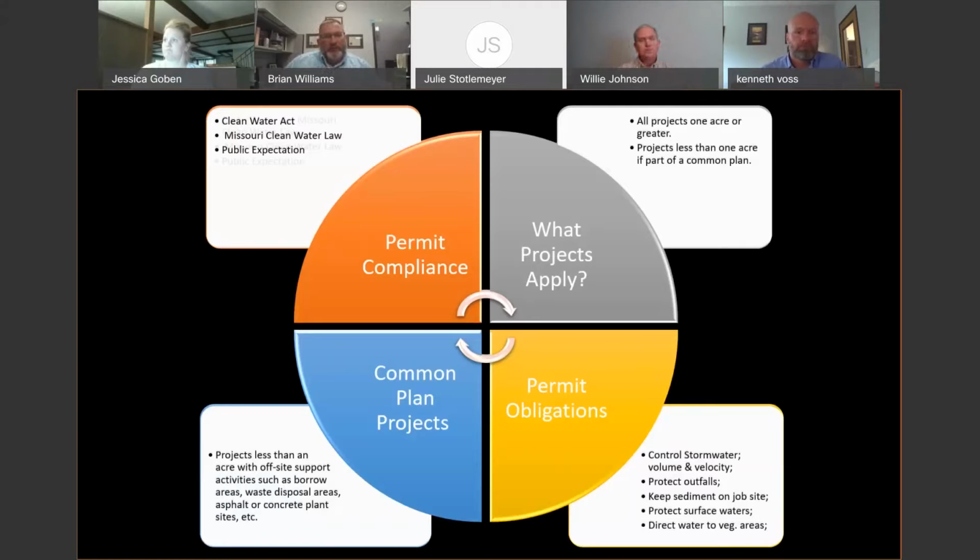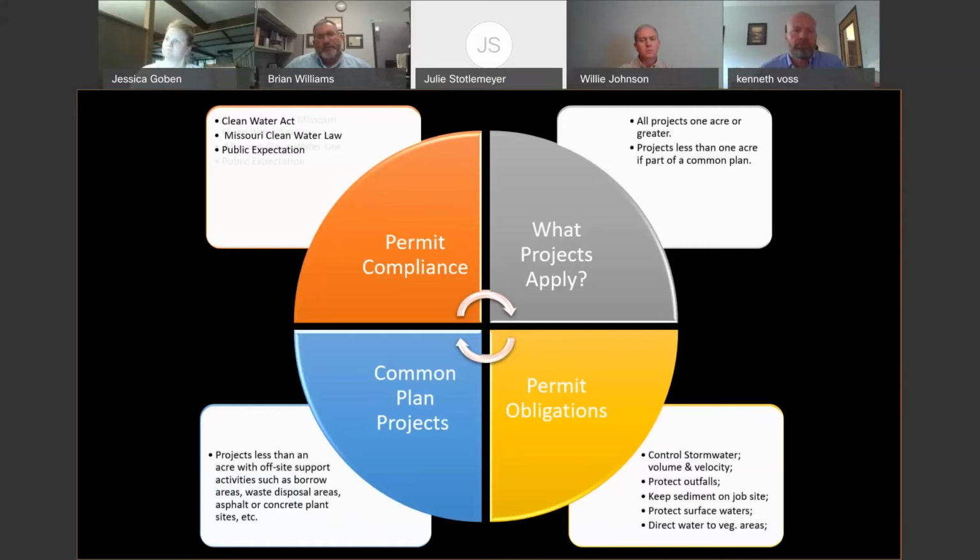Now, the permit obligations are really simple, and for design, these are things that you really need to take note of. That is what we're really doing with this permit and what we're obligated to through our plans: we're looking at being able to control stormwater volume and velocity, protect the project outfalls, and keep sedimentation on our job.